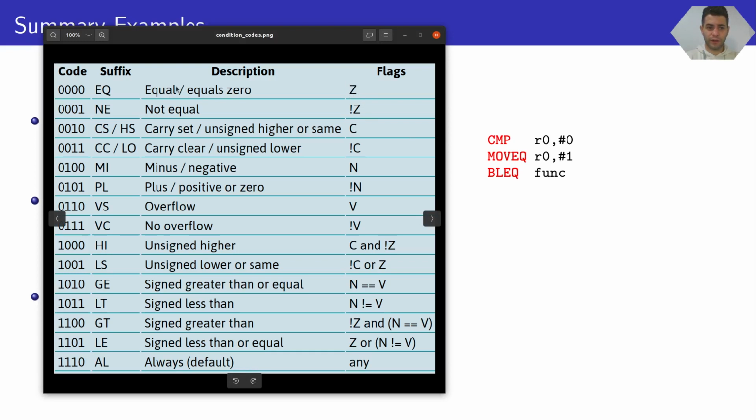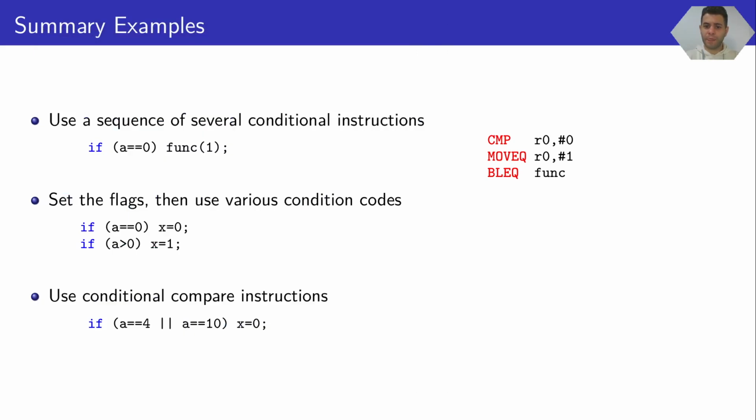So EQ stands for equals 0. So if the Z bit of the CPSR register is set, we move 1 to R0, and then we will call the function func if the Z flag is set. This is a little preview of the AAPCS, the ARM procedure calling standard. That means that the first argument to a function is passed into R0.